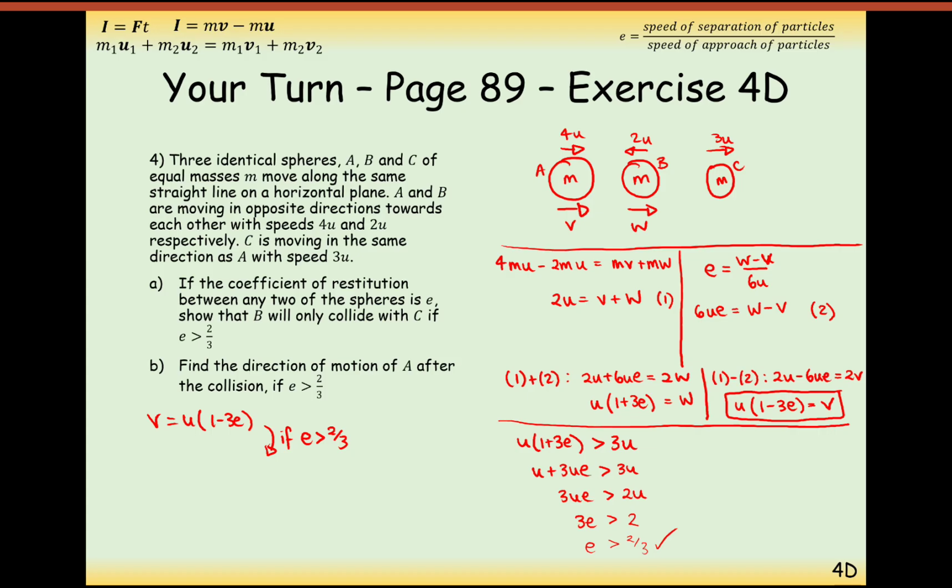So the work I'm going to have to do here is to show that if E is bigger than 2/3, 3e is going to be bigger than 2. Therefore, 1 minus 3e is always going to be less than 0.